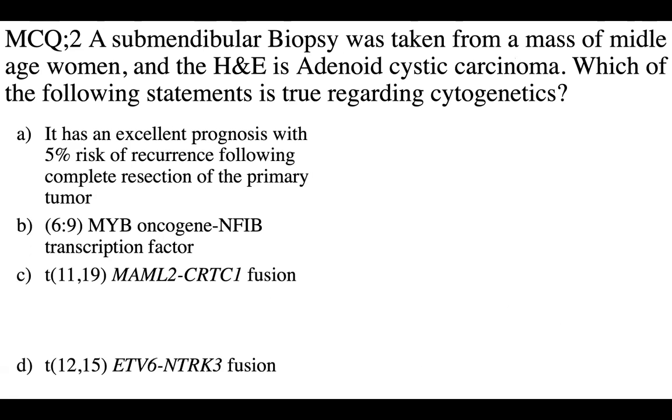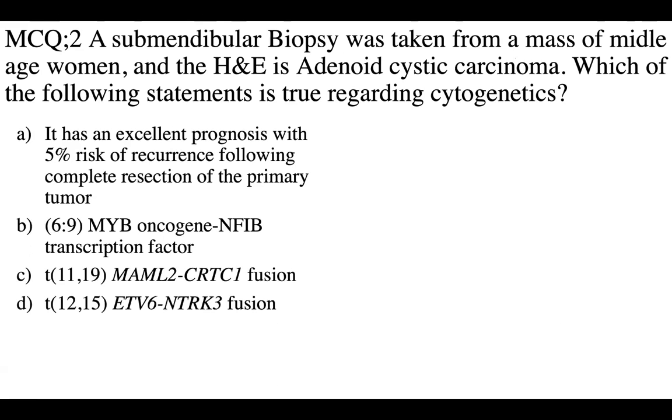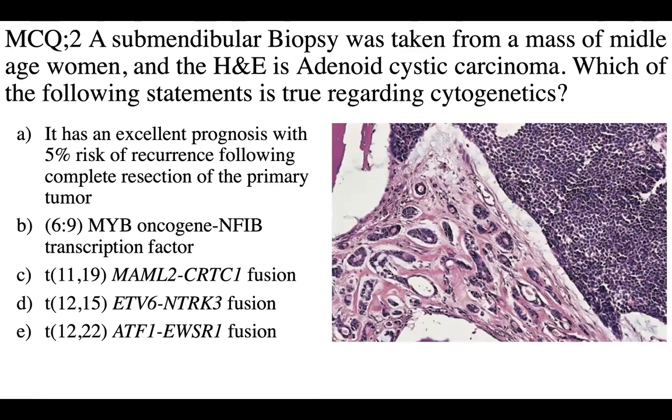We have discussed A, excellent prognosis, again no. B, MYB oncogene translocation, with options of translocation of 11;19, translocation of 12;15, translocation of 12;22. This is again the same patient, but the reply is B.